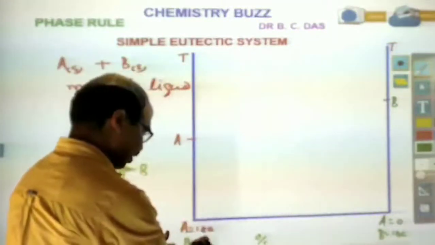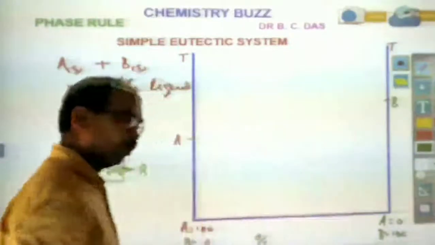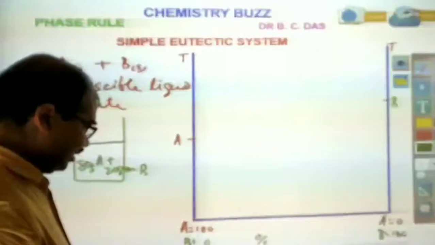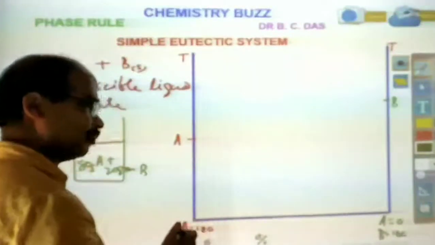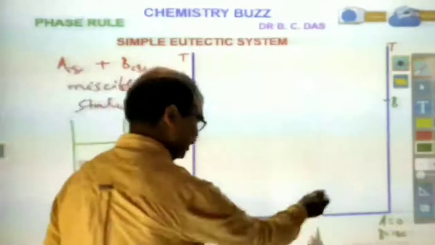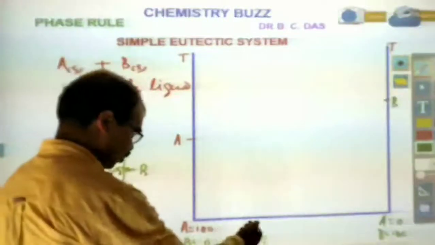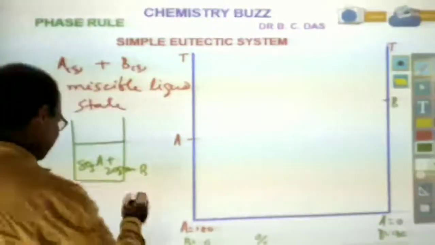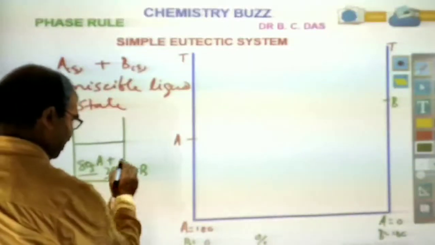So when A is 100%, B is 0%. We can also take mole percent in this x-axis, but for the time being, for easy understanding, I have taken the weight percentage instead of mole percentage or mole fraction. That is 80 grams of A and 20 grams of B.